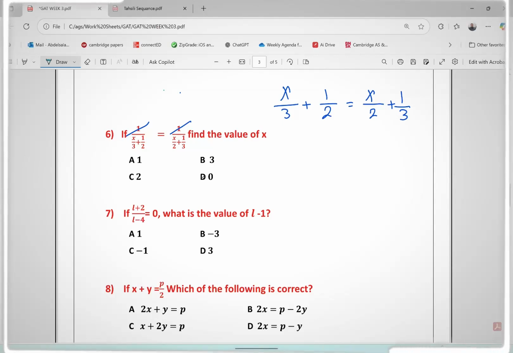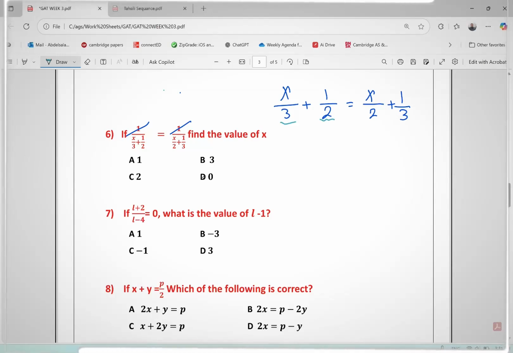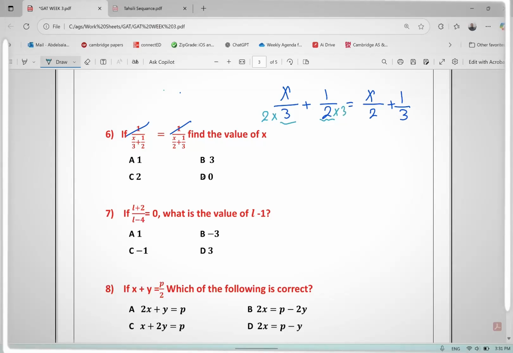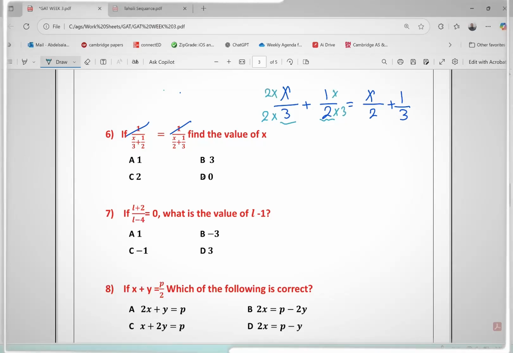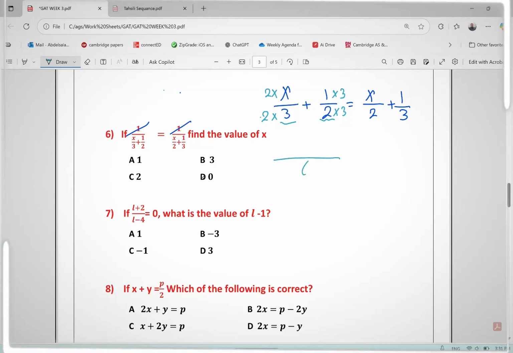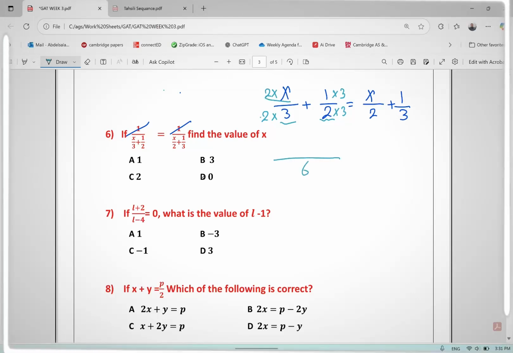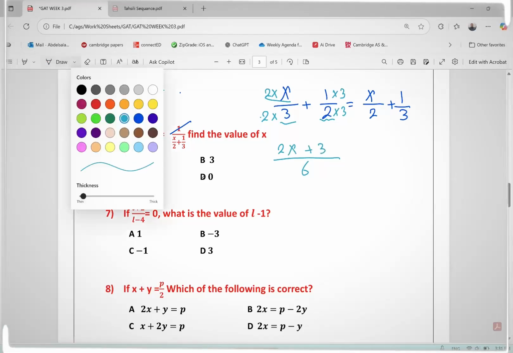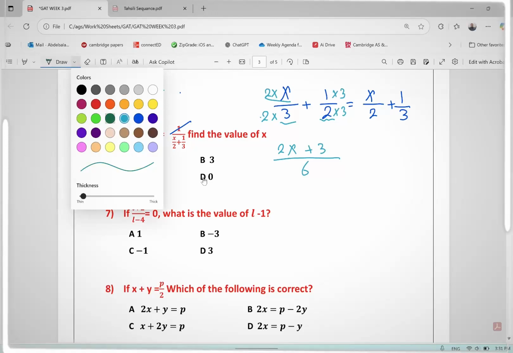Now, I told you we should have the same denominator. It means I have to multiply here by 2, and here I will multiply by 3. I told you, yeah, Mister, you forget to multiply here. I was like, okay, bravo. So I have to multiply here and here. So this fraction will be 2 times 3, 6. 2 multiply x, 2x. 3 times 1 is 3. Now I will change the color, say, green.